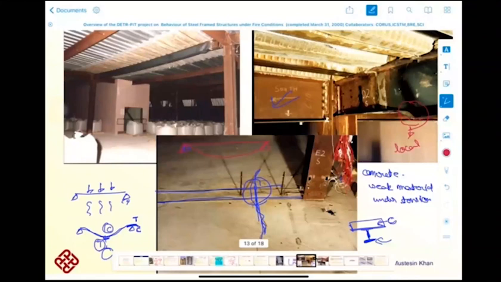Local buckling happens in an early stage of fire, because high compressive forces are coming on this beam in the initial stage, and that compressive stress is responsible for the buckling of this beam.